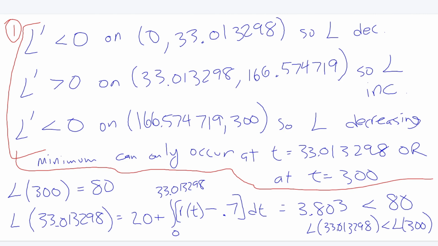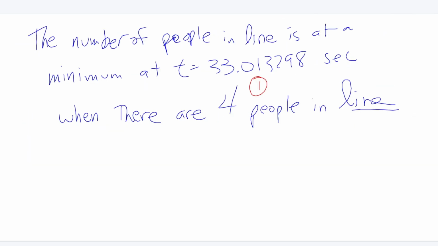T equals 0, the 2 intercepts 33 and 166.5, and also test at 300. But eliminating 2 options with an explanation works as well, and then you don't have to type so many things into your calculator. And that is the end of this rate FRQ.